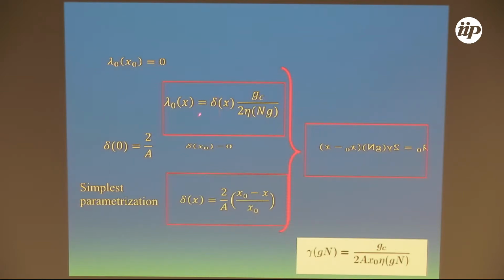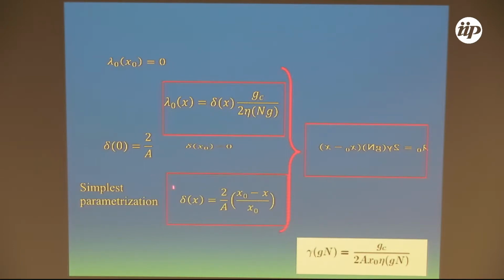I repeat here the expression of lambda 0. This was the condition I had with my delta of 0. So for satisfying this, I must have delta of x0 equal to 0.